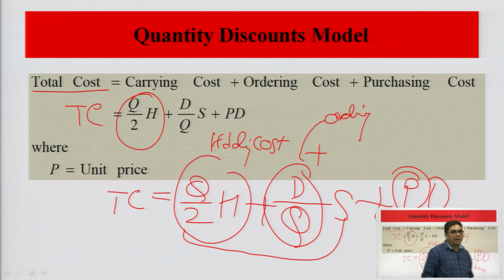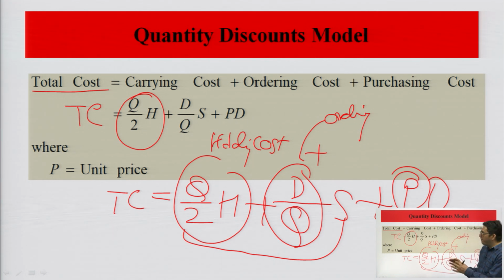By this formula we will calculate the total cost at each discount quantity at which the company is giving a discount, and we will pick the alternative where we have the minimum cost.